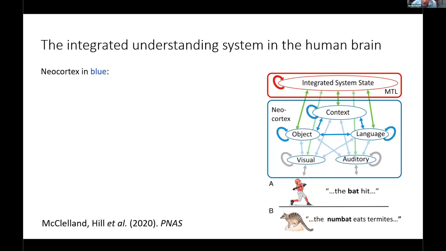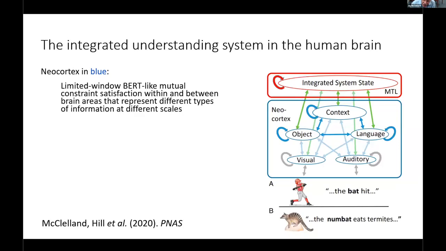It has a neocortex-like system, which I've illustrated here in blue, which I'm imagining has a limited window of mutual constraint satisfaction. Maybe, you know, all the words within a single sentence can mutually constrain each other.